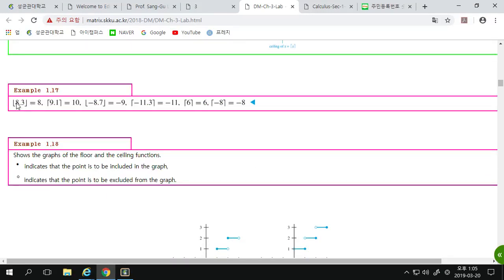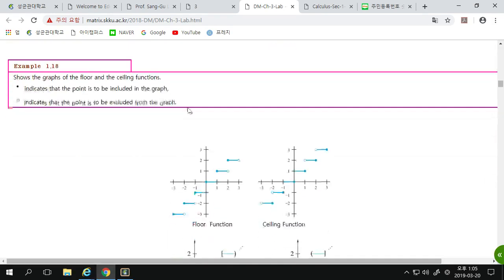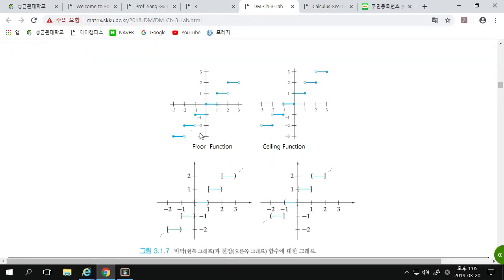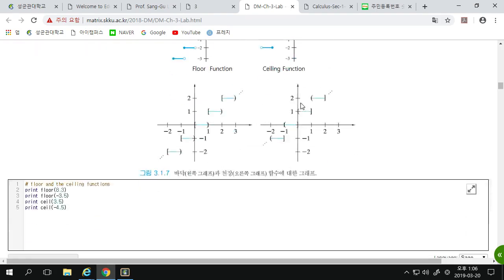Okay, so the floor function of 8.3 is going to be 8. And the ceiling function of minus 11.3 is minus 11. The floor function of 6 is 6 itself. If you do the graph, this is the graph of a floor function, and this is the graph of a ceiling function.